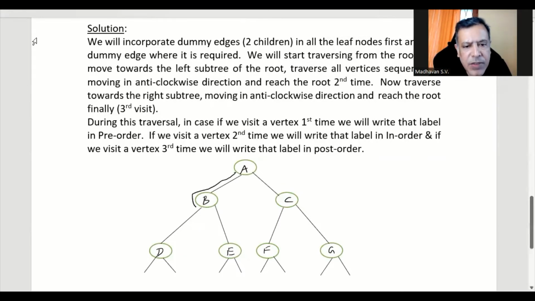We may notice we started with A and then moved to B. So for the left subtree of the root, we traverse all vertices sequentially, moving in an anti-clockwise direction, like this, and then finally reach the root. That is what we are going to do now.